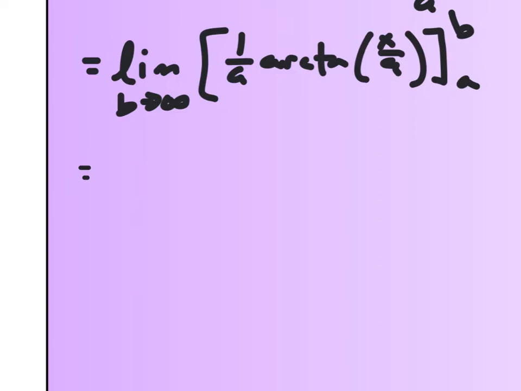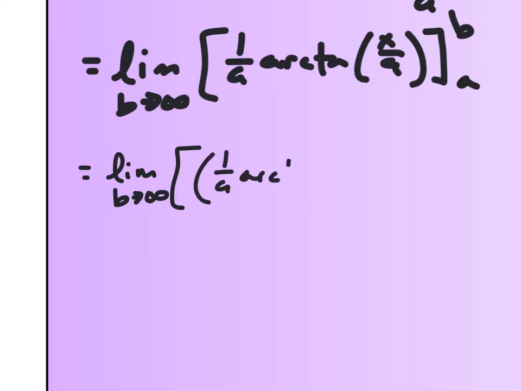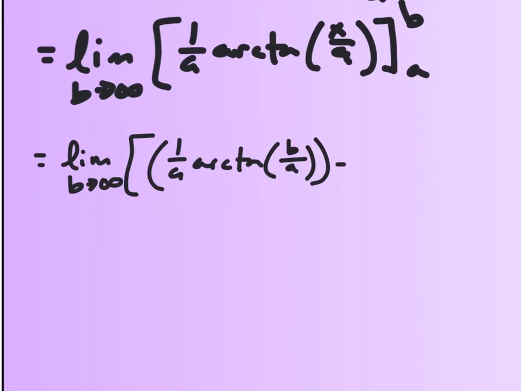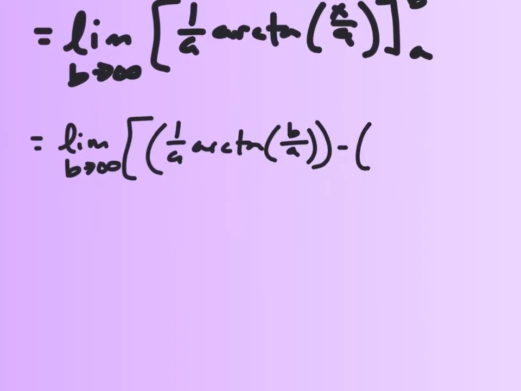So this will be the limit as b goes to infinity of 1 over a arctan of b over a minus 1 over a arctan of a over a. Right? A over a would be 1.